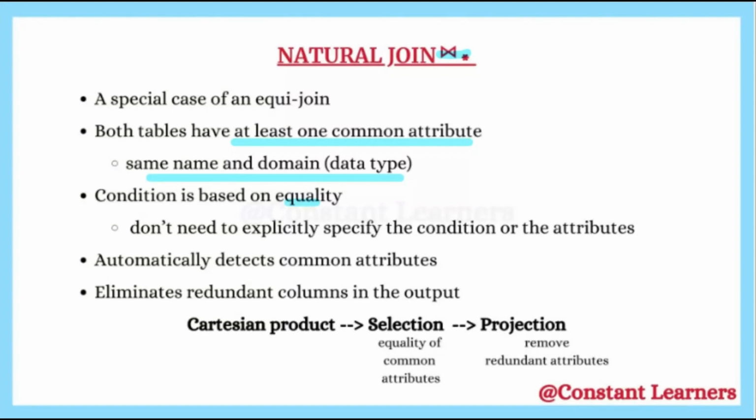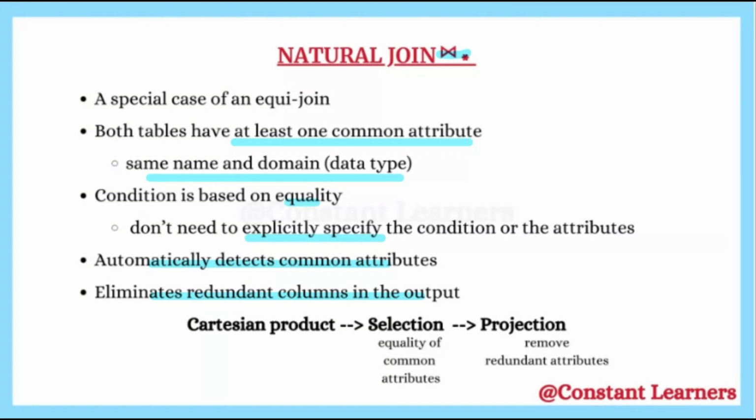But you don't need to specify the condition or the attributes explicitly or separately. That means we don't need to write any condition in place of theta. It is understood. The natural join automatically detects the common attributes and eliminates the redundant columns in the output.